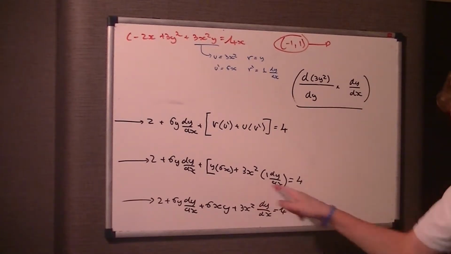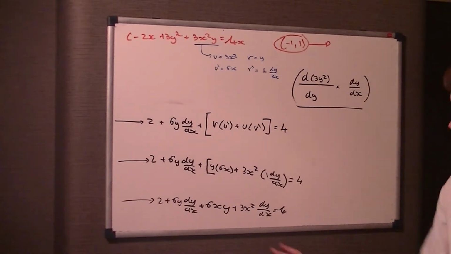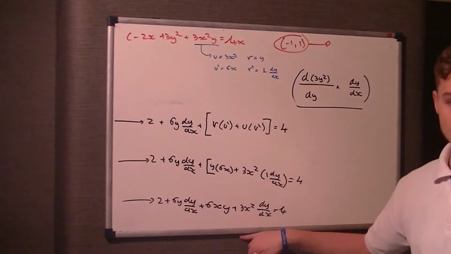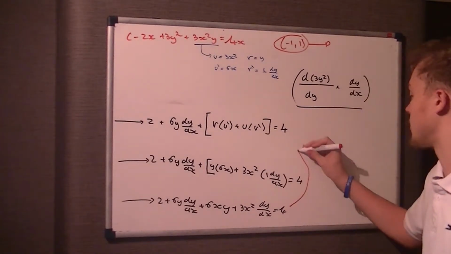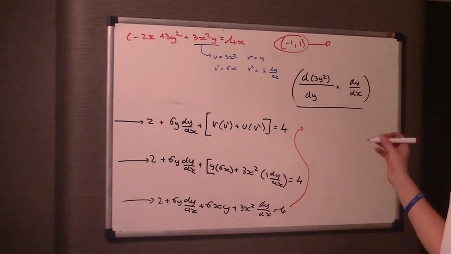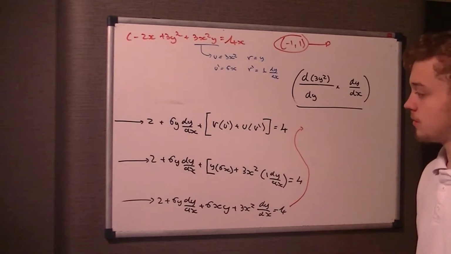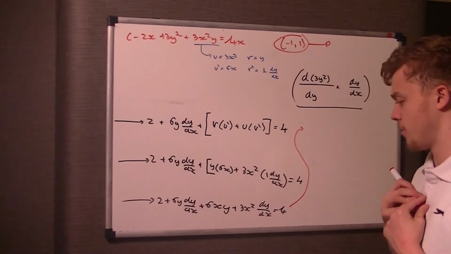But because we're multiplying 3x squared by 1 times dy/dx, it looks weird because we've got this dy/dx with 3x squared. But don't let it confuse you. I mean, that's the whole idea of maths, just to confuse you, not to solve any problems. But anyway, what we're doing here is what we talked about in the implicit differentiation video, weirdly enough.